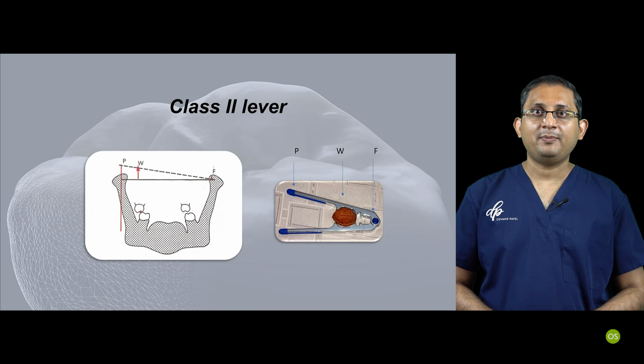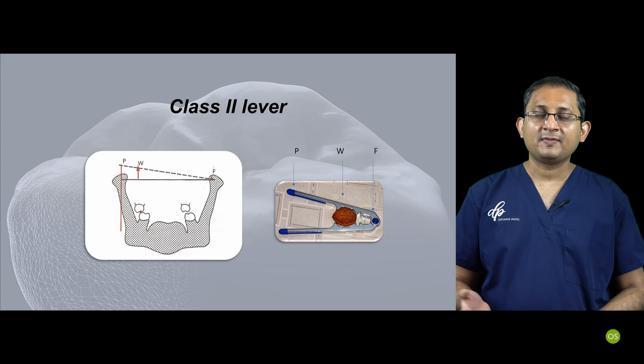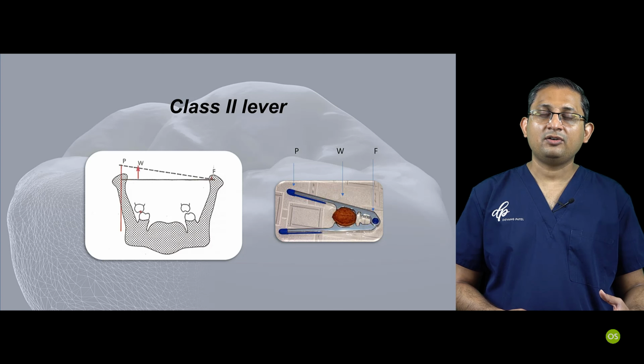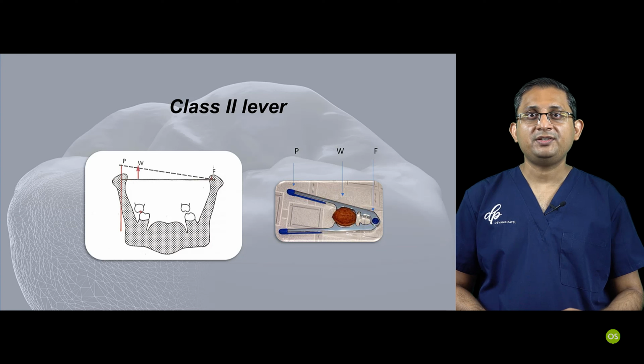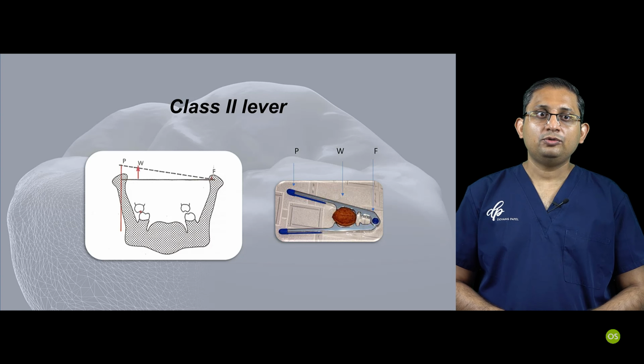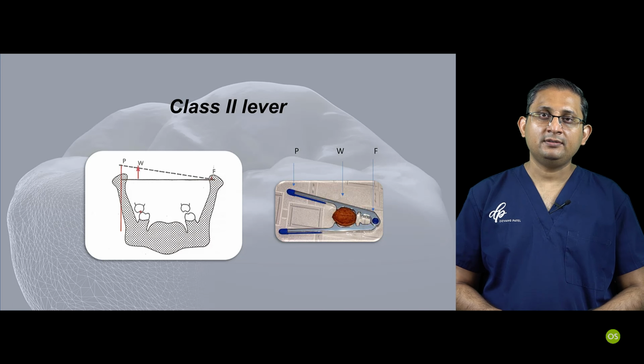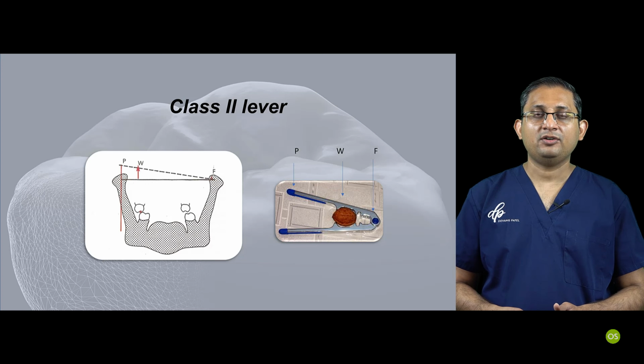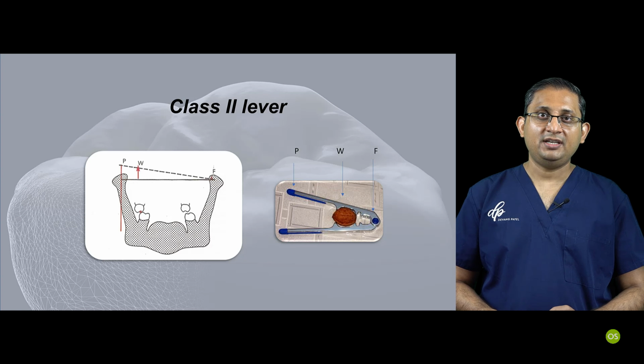That's why you see many times patients who have severe wear not having any pain or issues, whereas sometimes patients with very minimal wear and non-working side contact have some issues or TMJ pain, because those patients' adaptive capability is less. So this is a very important concept to understand, and this is the reason why people do not like non-working side contact. But as I said before, you only need to treat if it's broken.